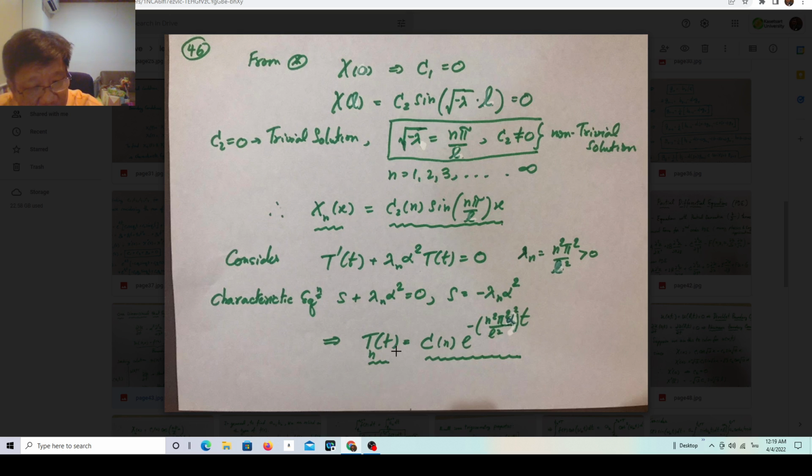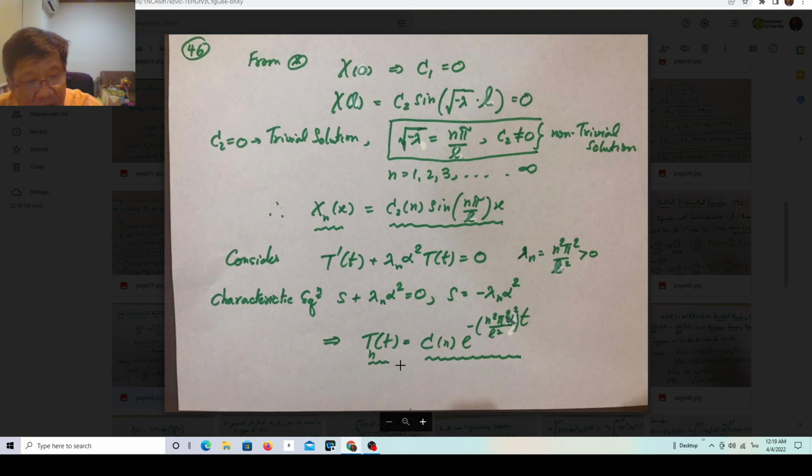Therefore, T of t is a constant times e to the root s times t. S is here. You put lambda n as n squared pi squared divided by L squared, and then you put alpha squared here, all squared, times t. And certainly now this T not only relies on the function of t, but also depends on what n is going to look like.